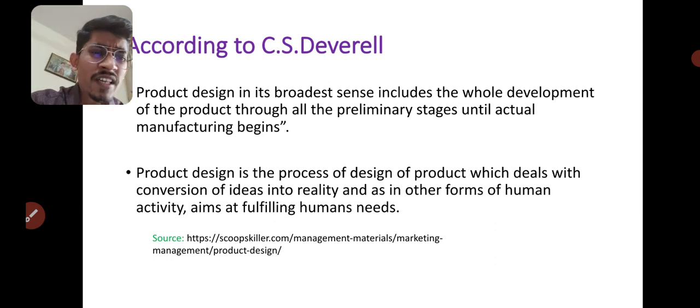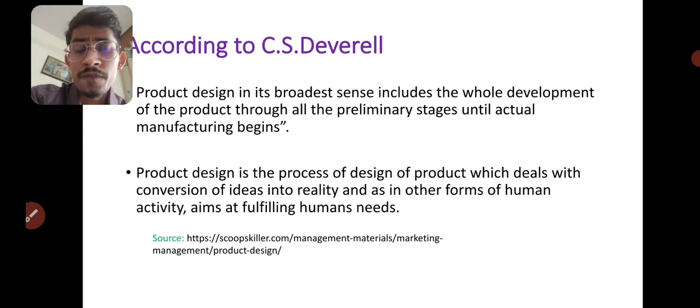The basic concept of product design depends on the features of that product, the characteristics of that product, and the policy of the organization. One more important factor for every new product development process or product design is the various policies of the organization related to that product.